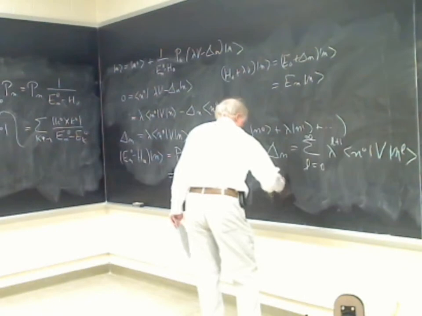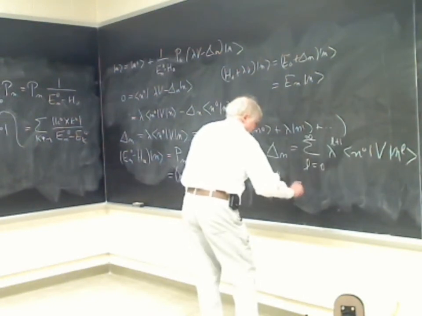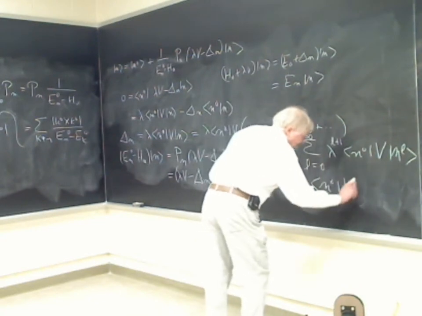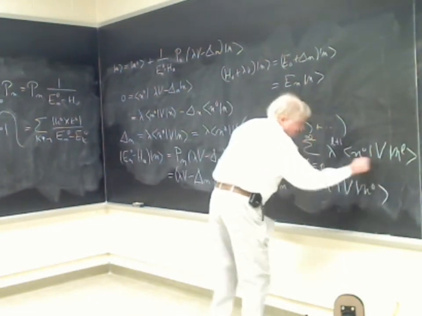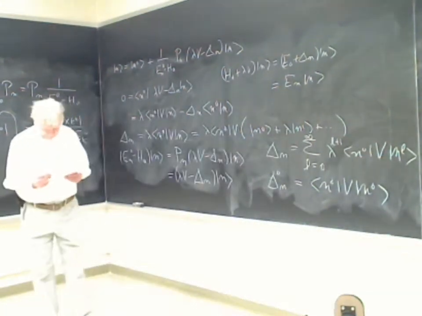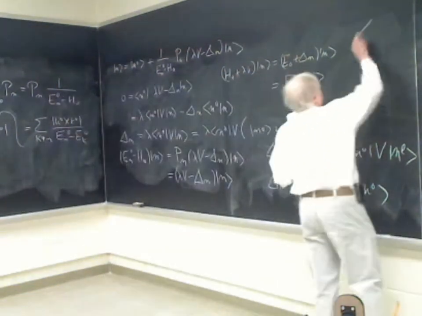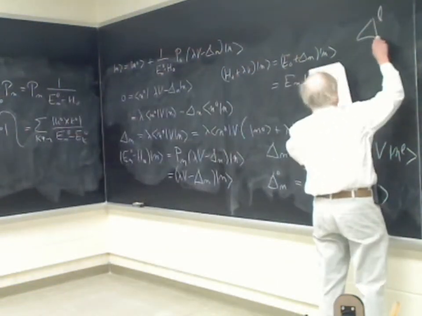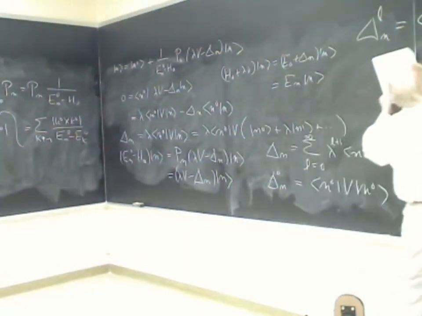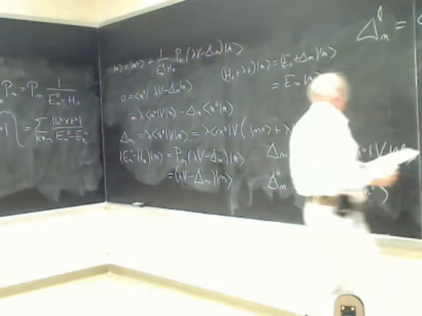In other words, delta n0 is in fact simply n0 V n0. So that comes out of that. In other words, the general formula here is the Lth term is n0 V n L.